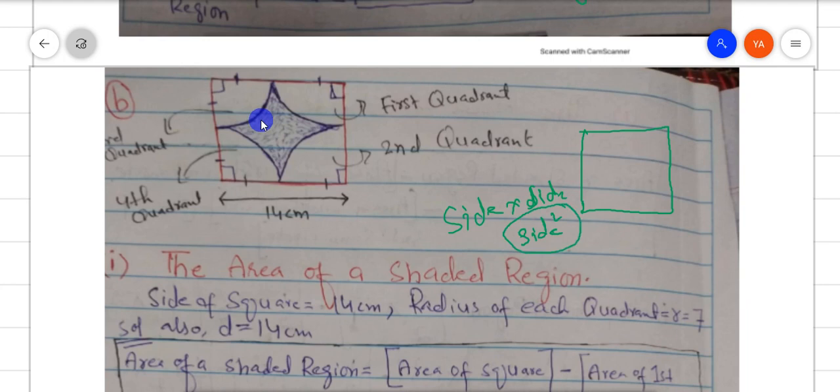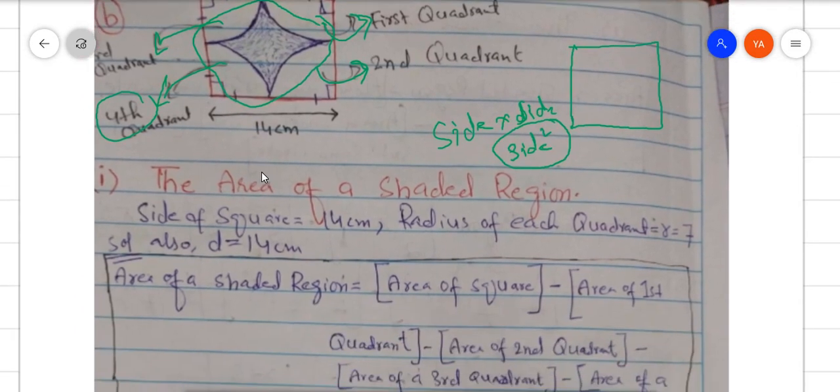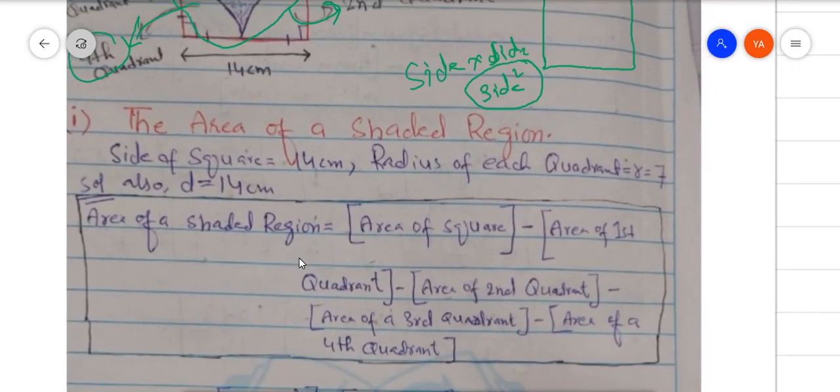And there are 4 quadrants. The first one is the first quadrant, this is the second quadrant, we named it the third quadrant, and this final one is the fourth quadrant. So this is the shaded region, and we have to find only the area and perimeter of this region. So first of all we have to find the area of the shaded region.